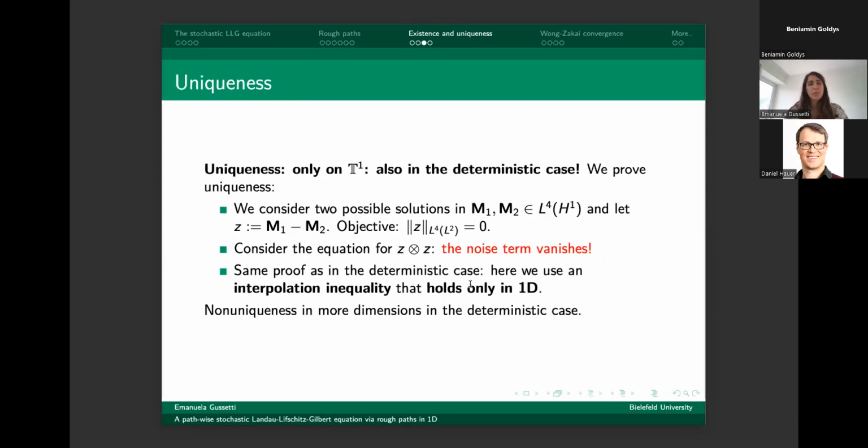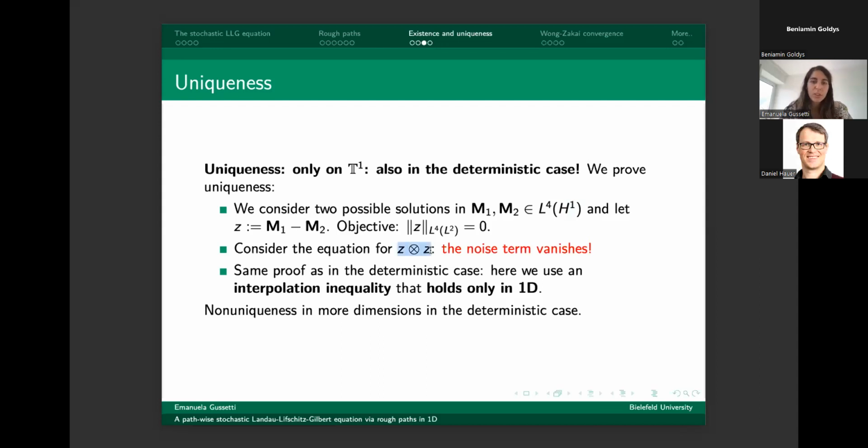So let's see first the proof of uniqueness. For uniqueness, we consider two solutions that need to have this regularity. We take the difference of the two solutions and we want to prove that the difference is zero.